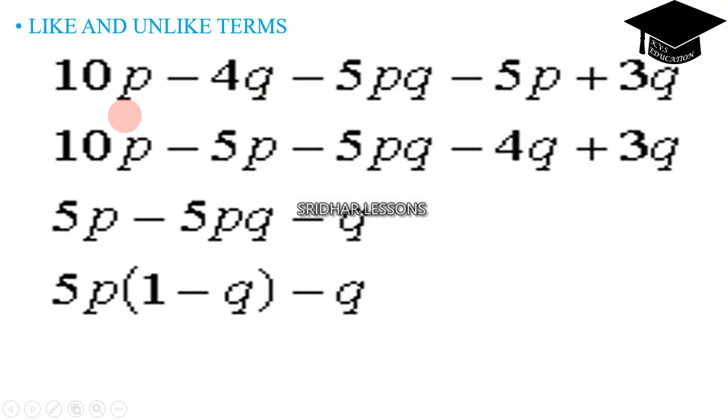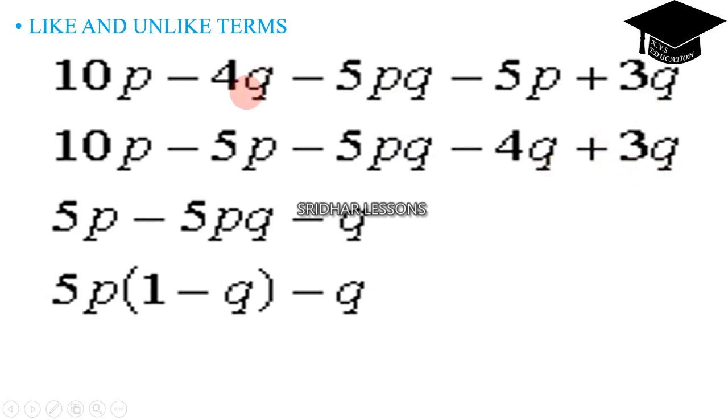Once again, looking into like terms and unlike terms. 10p minus 4q minus 5pq minus 5p plus 3q. We can write the like terms and unlike terms at one side. 10p minus 5p are like terms. Similarly, minus 5pq, and minus 4q plus 3q.